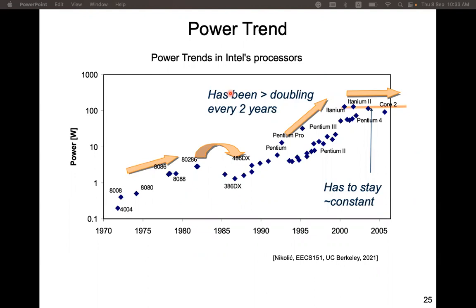If the CPU is idle, it still consumes some power due to transistor current leakage. And dynamic power has a famous equation: it is proportional to C VDD squared F. C is capacitance, basically proportional to the size of the digital chip. VDD is the supply voltage, squared, and F is clock frequency.